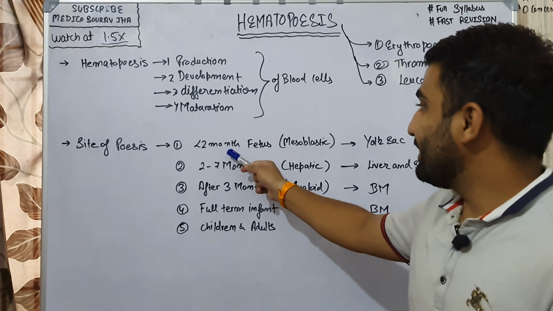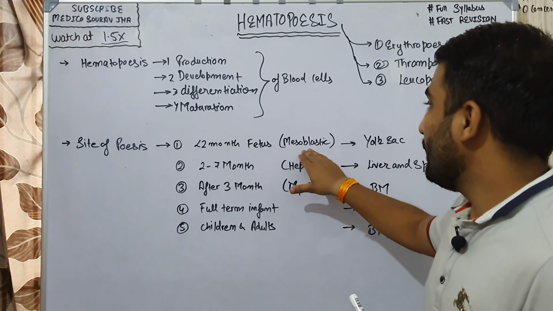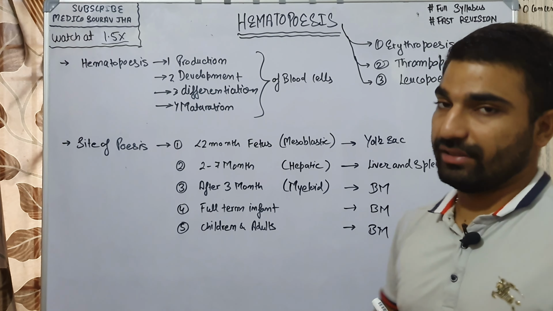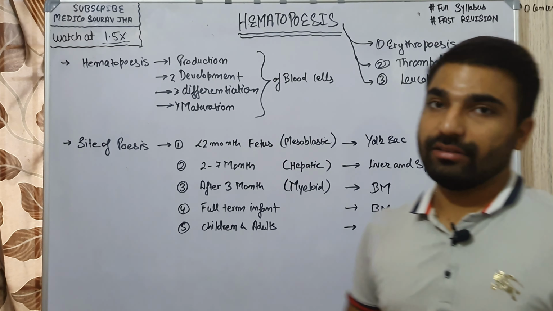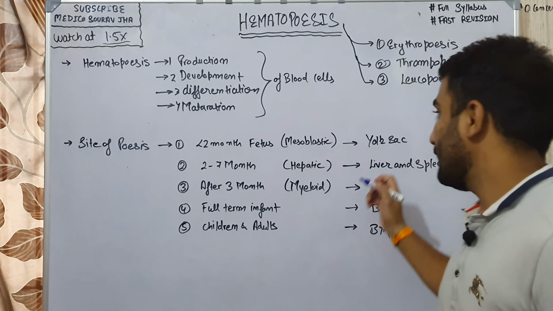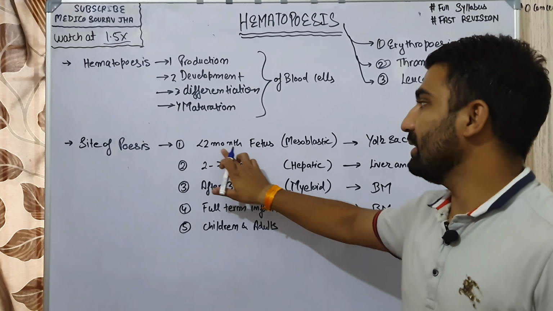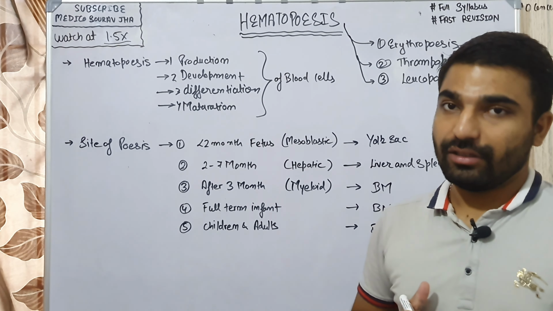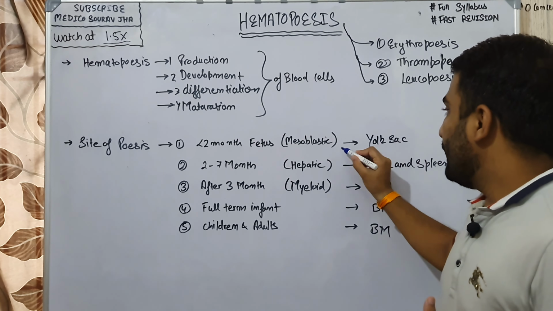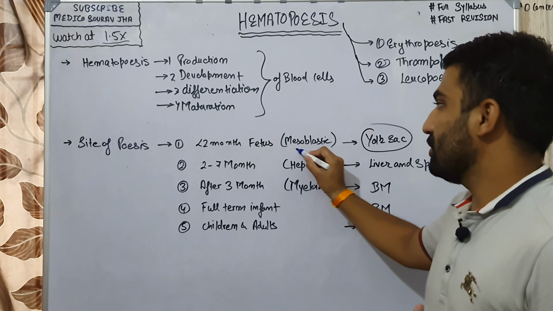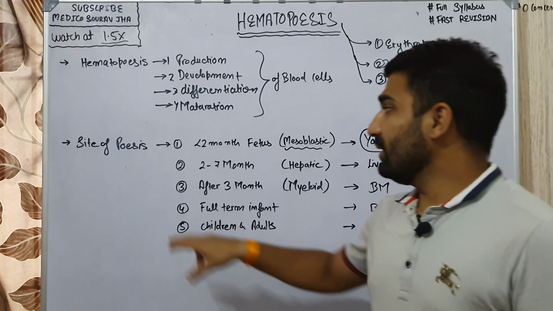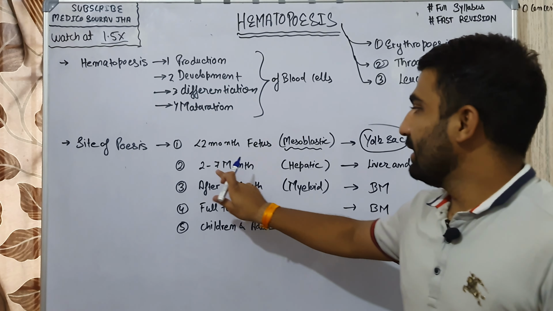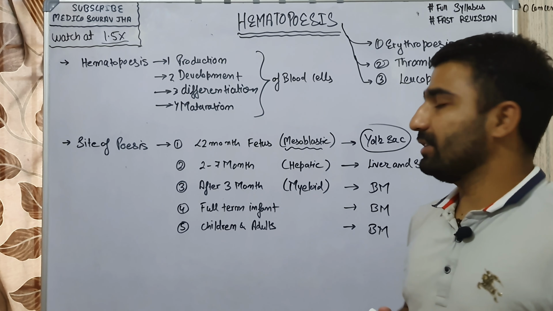In a fetus less than 2 months, it is the mesoblastic phase. It happens in the yolk sac. The blood is formed in the yolk sac, which is also called the mesoblastic phase.